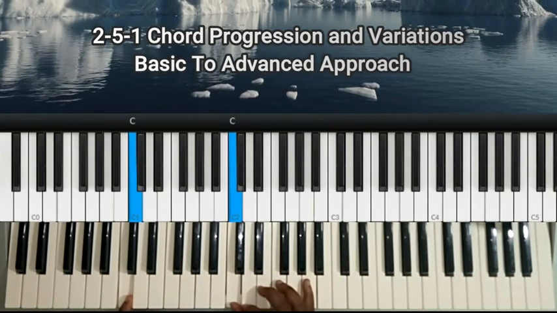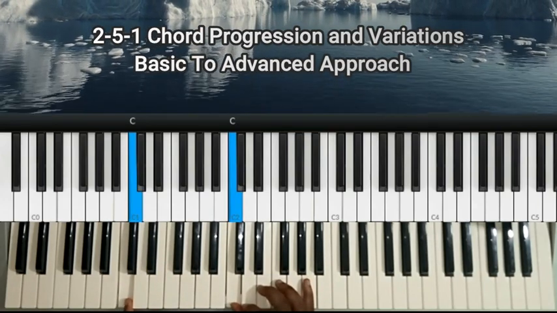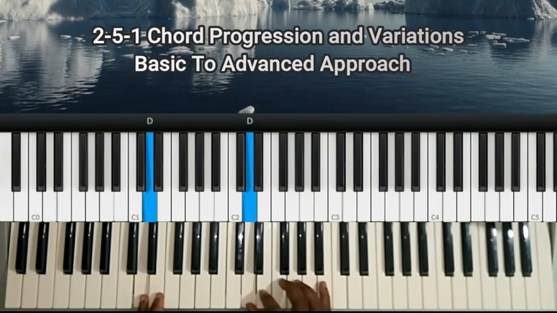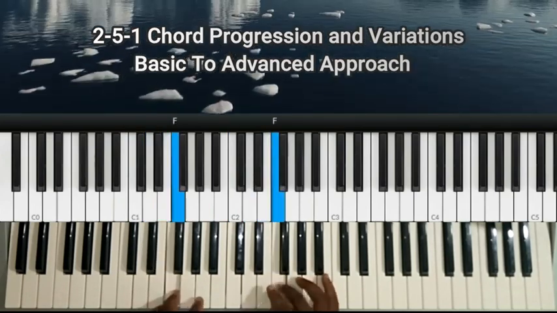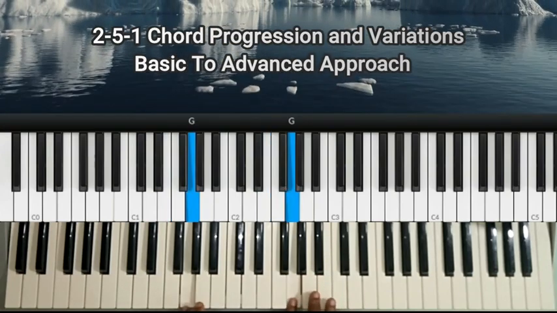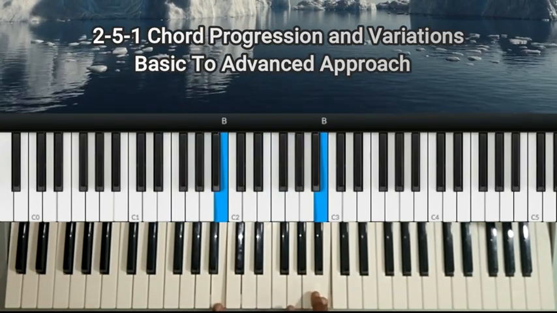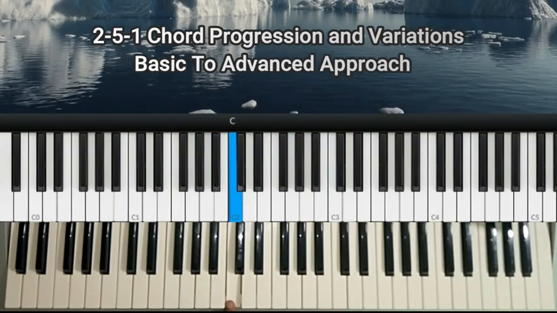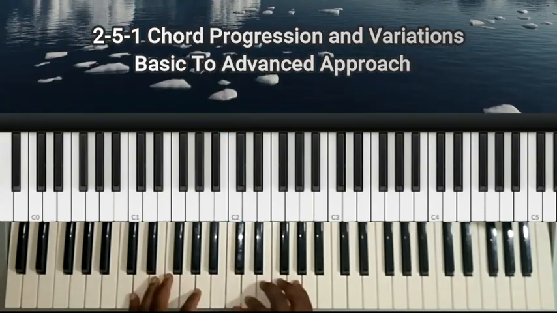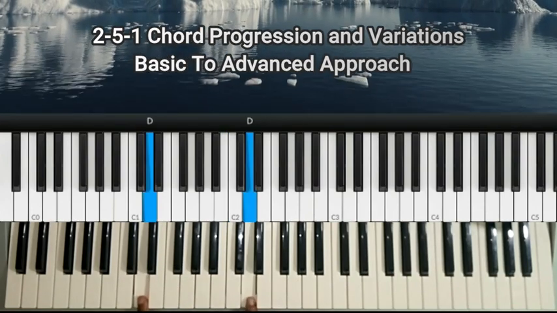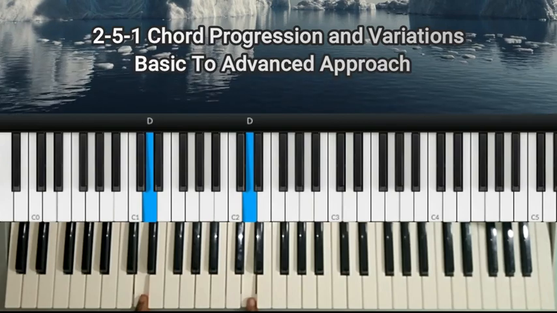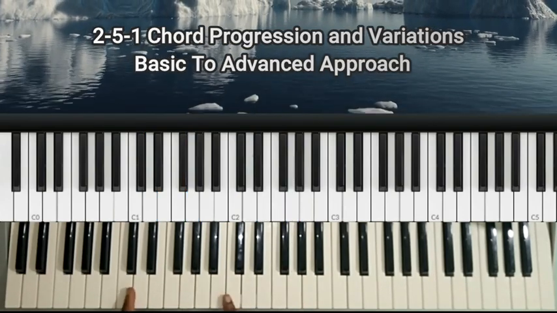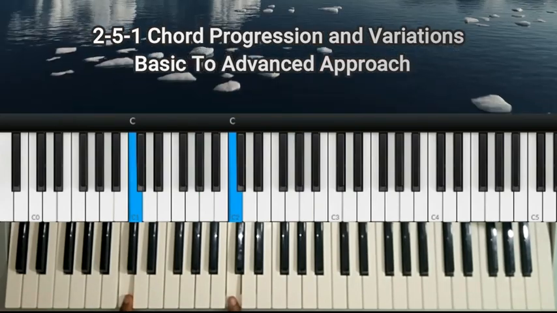Going by the number system, we have C as 1, D as 2, E as 3, F as 4, G as 5, A as 6, B as 7, and we are back to C. So the 2-5-1 on the key of C means we are doing 2, which is D, 5, which is G, and then 1, which is C.